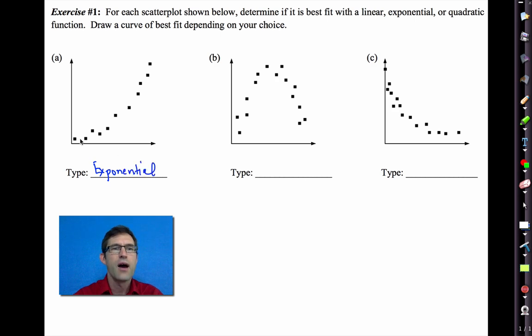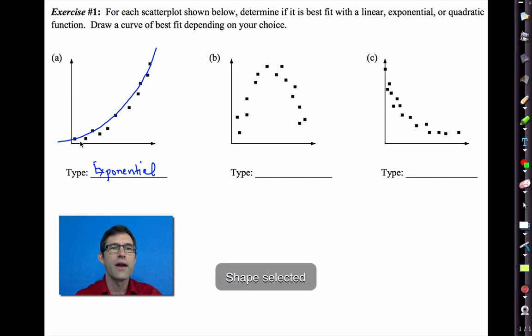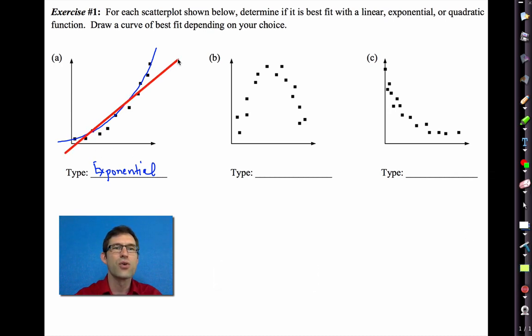The reason being is that if I try to draw an exponential of best fit, it seems to fit the data quite well. On the other hand, let's say I drew a line of best fit, right? That's not so good. So I don't necessarily want to go there, okay? So I'm going to go with the exponential.